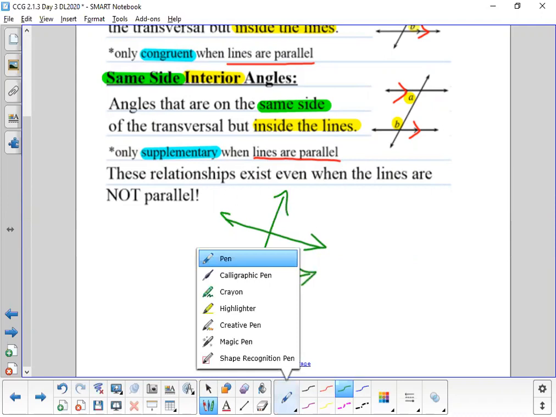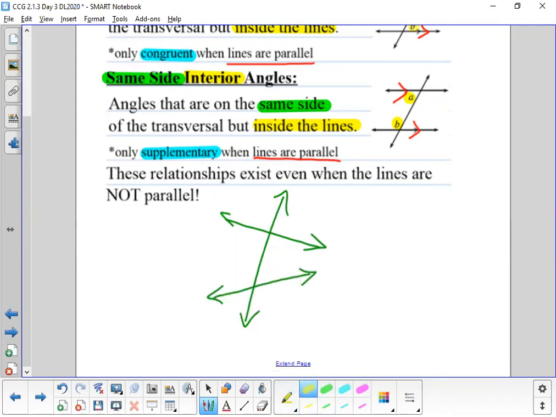Those lines are not parallel, but this angle and this angle would still be considered alternate interior angles. It's just that since my lines aren't parallel, they're not going to be congruent. So the angle relationship exists whether or not the lines are parallel. It's just when the lines are parallel, there's something more that's special about them.